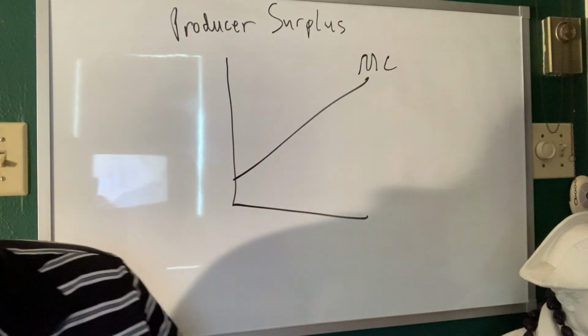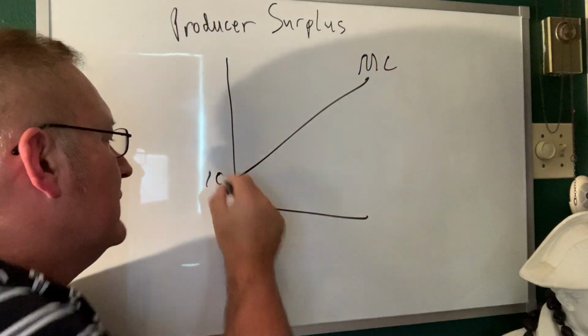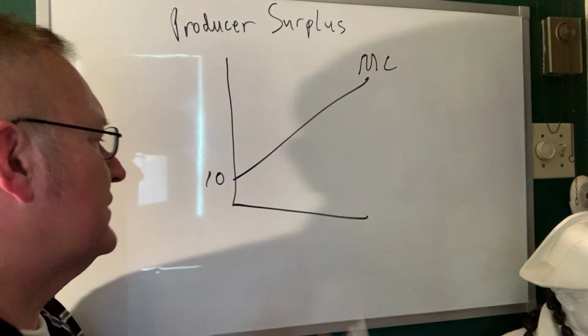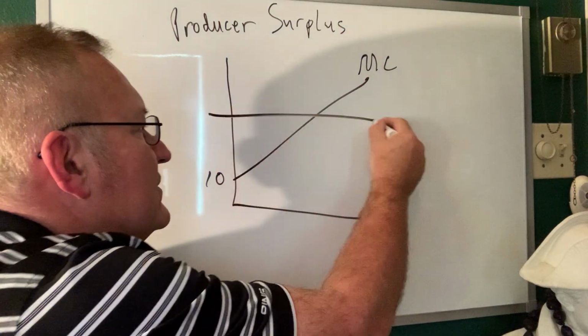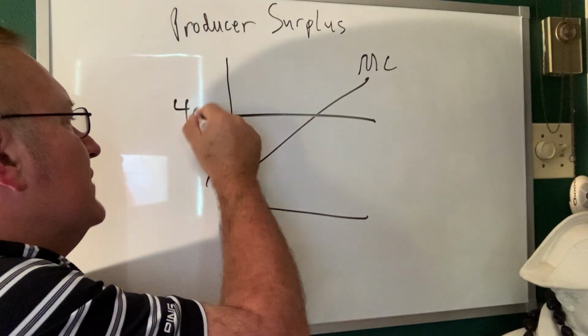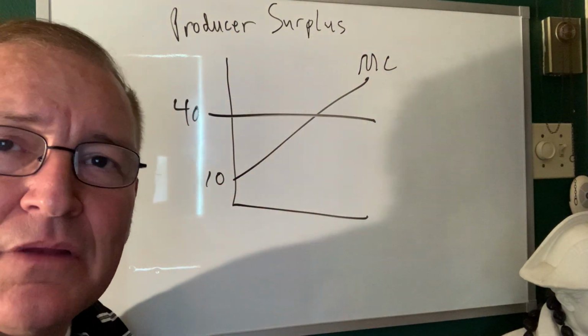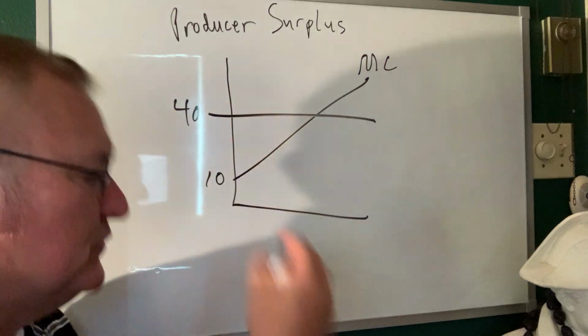Whatever that number is, let's say it's 10, that's the minimum that the seller is willing to accept. So the difference between what the seller actually gets, let's say it's 40, and the minimum they're willing to accept, in this case 10, is producer surplus.